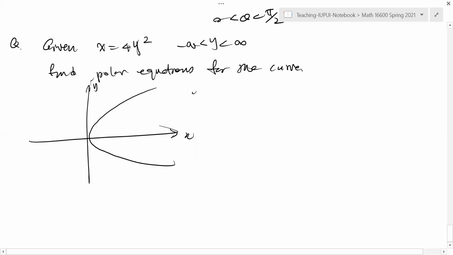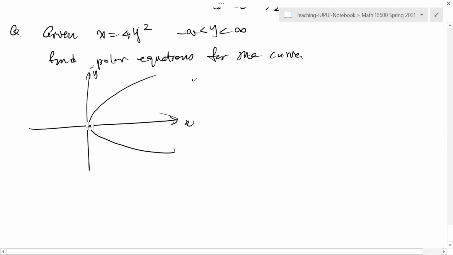How do we describe this using polar coordinates? Okay, so you want to describe this point with r, theta. We assume r is positive. Then I think theta can be from 0, negative. This is positive here, theta is negative.